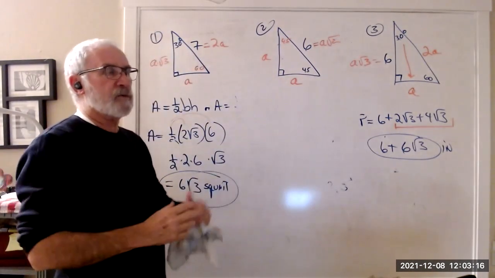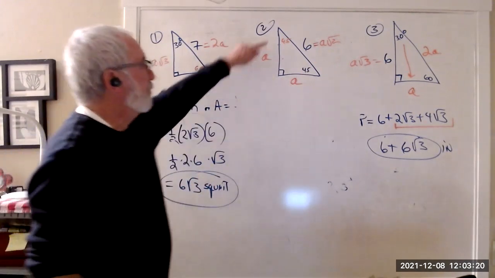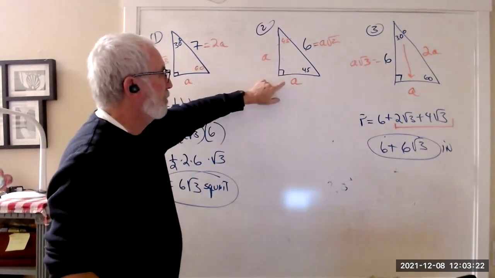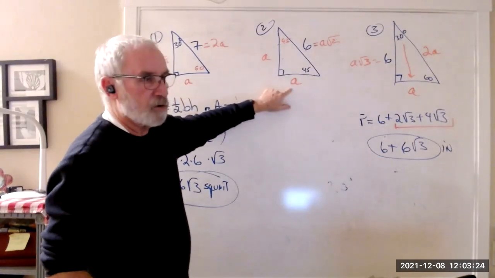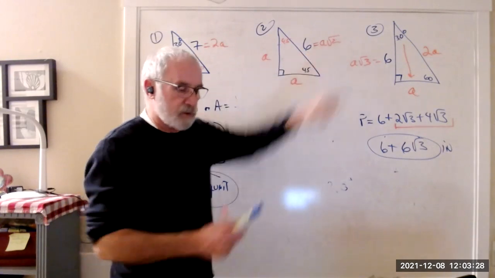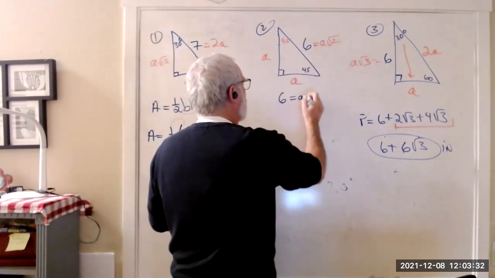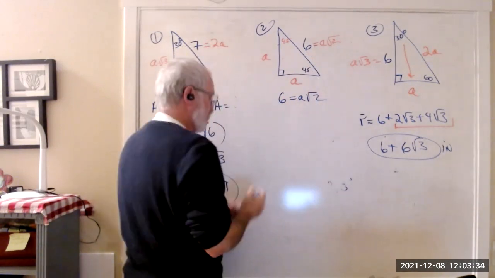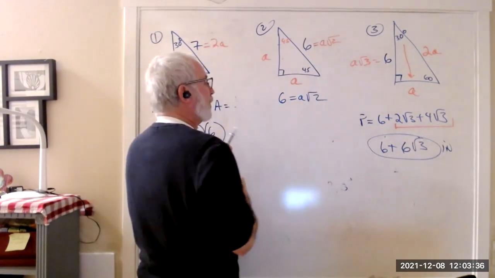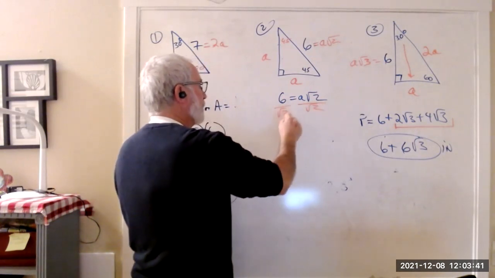Okay, that's the formula. Again, put that on your 3x5 note card. In a 45, 45, 90 triangle, the 2 legs are the same, A, and the hypotenuse is A times the square root of 2. Well, there's our equation: 6 equals A square root of 2. Divide both sides by the square root of 2 to get A alone.